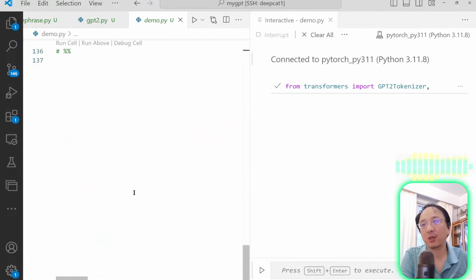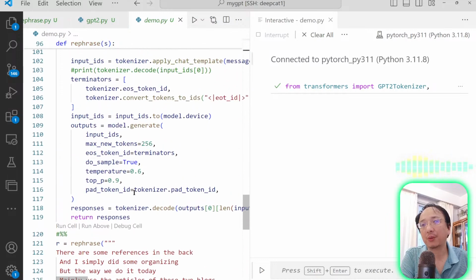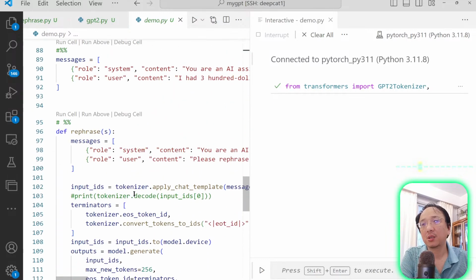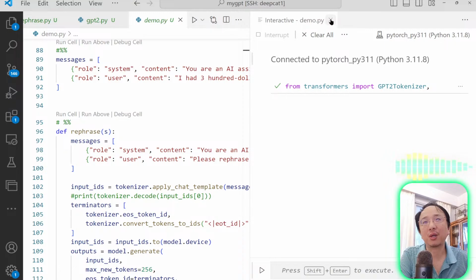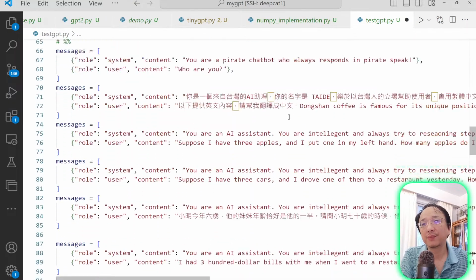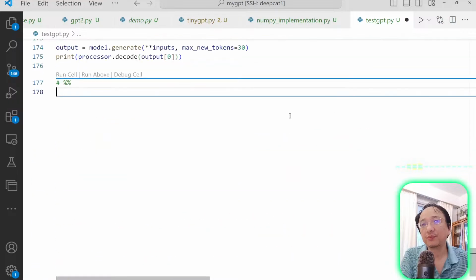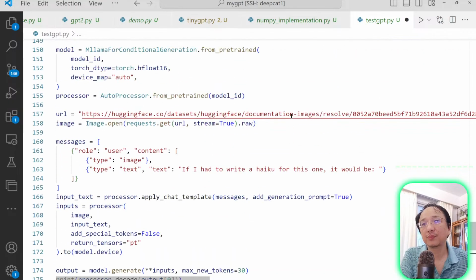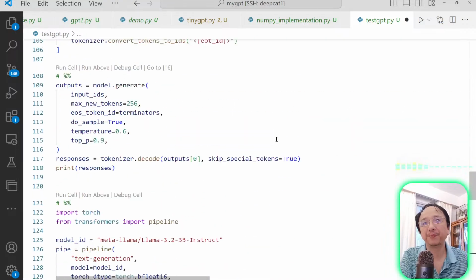Let me make sure it is the model I'm going to use. No, this is not the file I'm trying to use. Okay, I'm using this file instead.